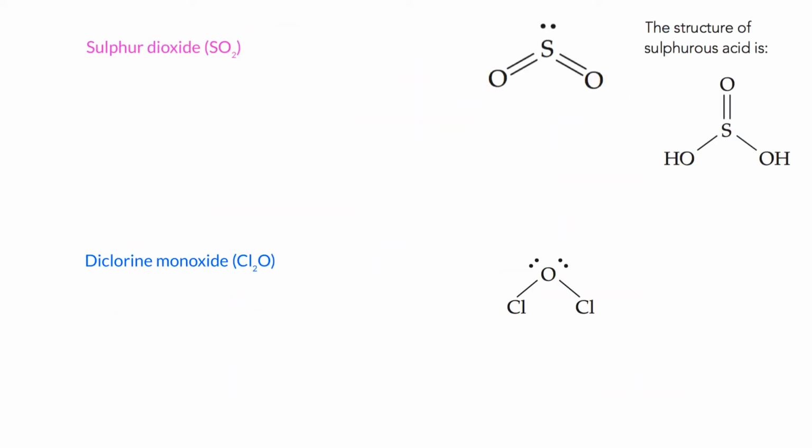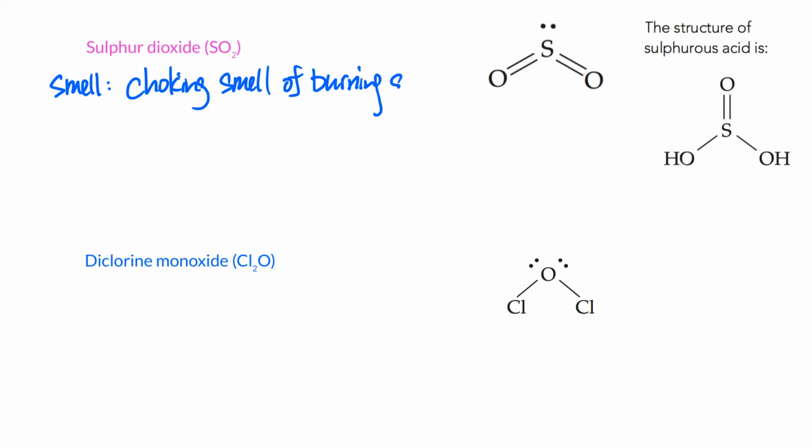Next we are going to talk about sulfur dioxide, but before that, recall your memory. The smell of sulfur dioxide is a choking smell of burning sulfur. Other than that, we're going to learn how to draw the three-dimensional structures, the shape of the molecules.